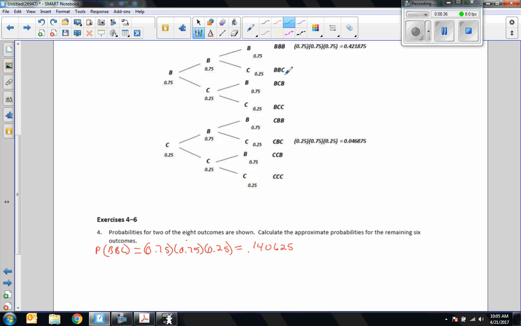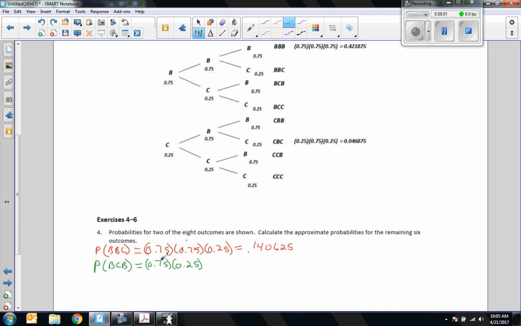Now I'm going to calculate the next one, the probability of BCB. Well, the probability of BCB is going to be the same as the probability of BBC because multiplication is commutative. I'm going to show this one time, but only this one time. The probability of B is 0.75. The probability of C is 0.25.